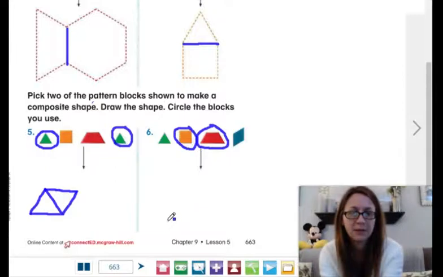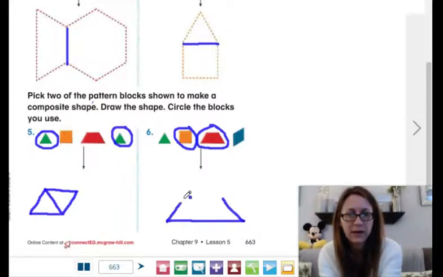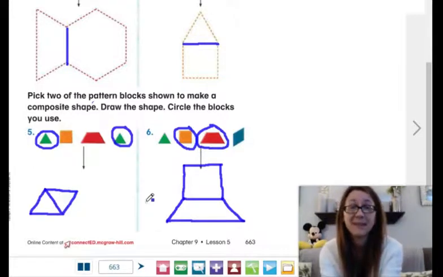First I'm going to put my trapezoid on the bottom this time. And remember, make your lines as straight as you can. They're not going to be perfect. So there's my trapezoid. And now here's my square. And there is my composite shape.